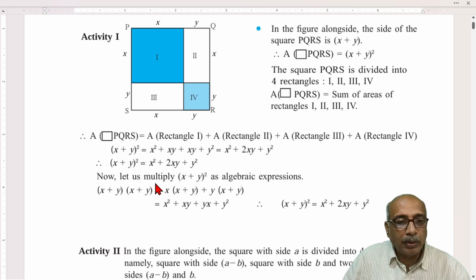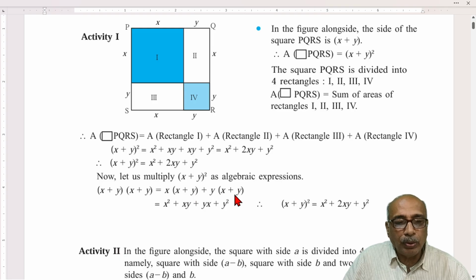Now let us multiply x plus y square as an algebraic expression. You know how to multiply a square term. So x plus y whole square equals x plus y into x plus y. Multiply the first term with the other bracket, that is x into x plus y, and plus y into x plus y.